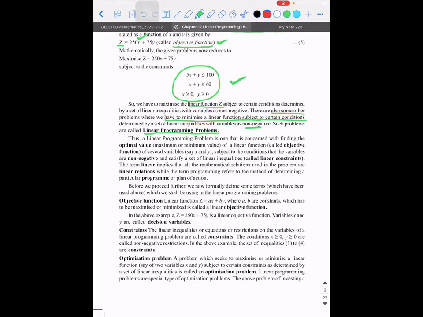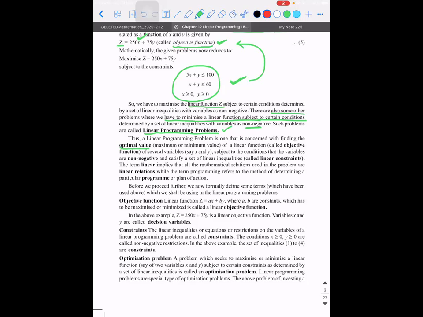Solving all these linear inequalities using a graphical method and taking the value of X and Y found to substitute here is what is called solving by the linear programming method, and those problems are called linear programming problems. Thus a linear programming problem is one concerned with finding the optimal value.